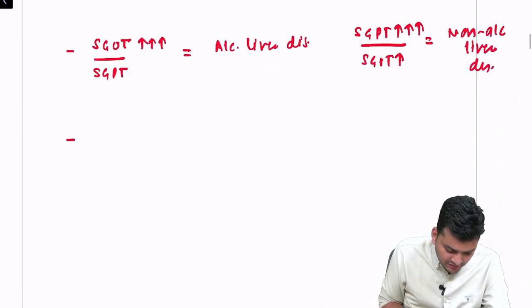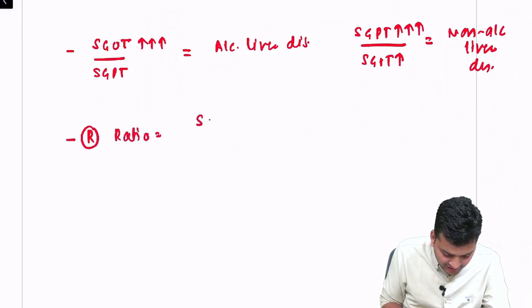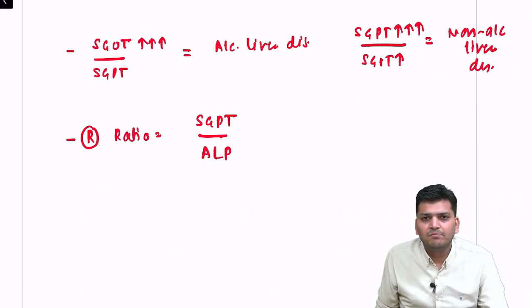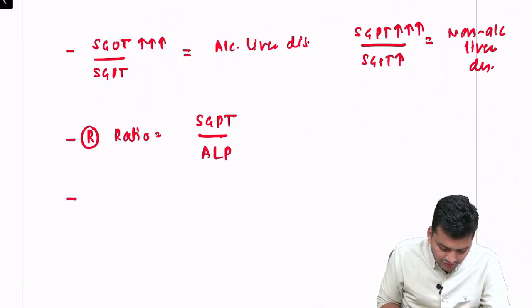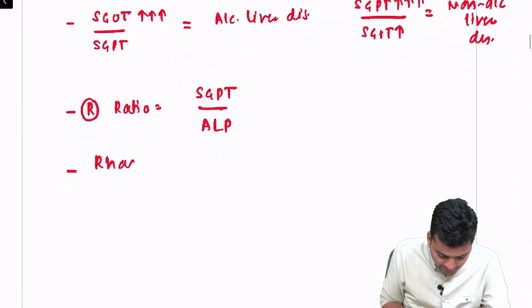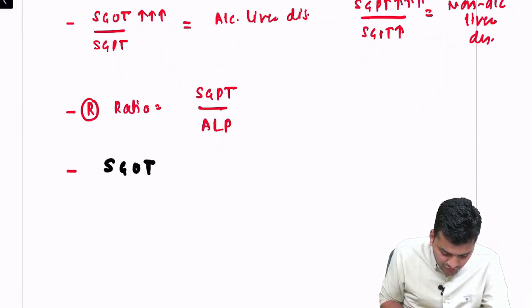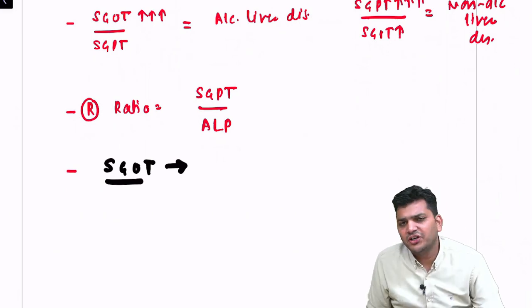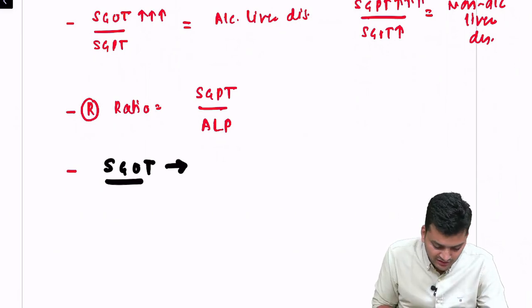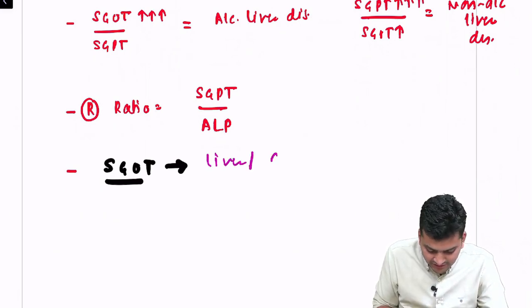Then we have discussed something called the R ratio. The formula of the R ratio can be asked: SGPT divided by alkaline phosphatase. Then, in rhabdomyolysis, or in fact I can ask a question from biochemistry: SGOT is found in 3 tissues. Can you tell me the 3 tissues where you have SGOT? One is obviously the liver. Second is cardiac muscle.